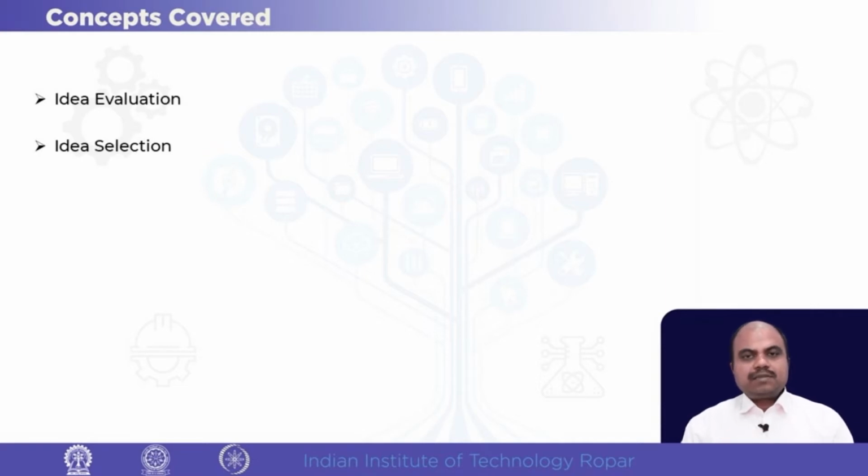Once we have this criteria, we use it for selection of the right kind of solution. Once the evaluation is done, we select the best one or the top two for further testing, where we make a prototype. So this is the way we are going to learn this.